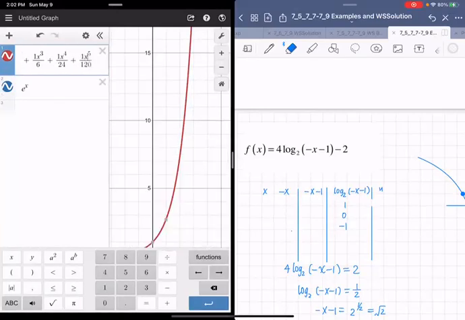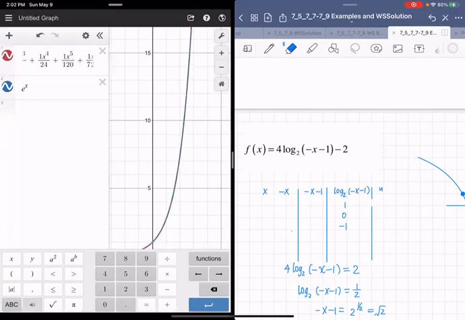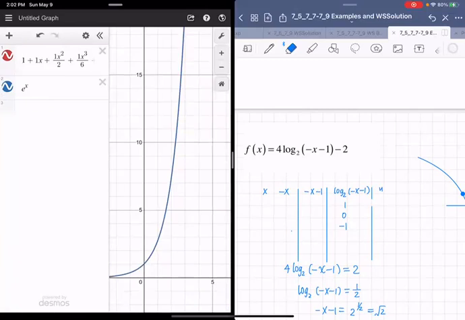It's very long and complicated, but I can simulate e to the power x by a polynomial. So this is really cool. These two have different expressions. How come their graphs look identical?